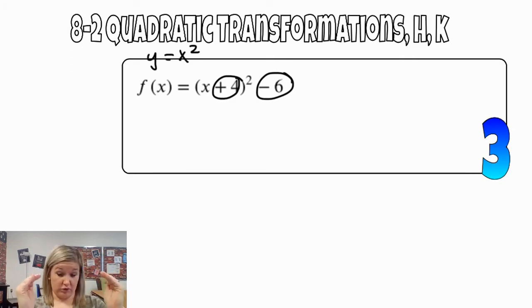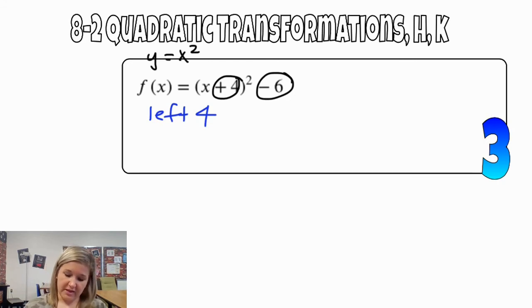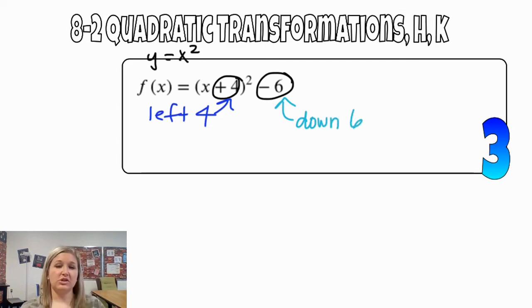It doesn't follow the rules. So it's not going to shift right. It is going to shift to the left 4. And then the -6 is outside of the jail, so it follows the rules. That's going to be down 6. So you can have 2 transformations here, or you can just have 1 transformation based on what you're given.